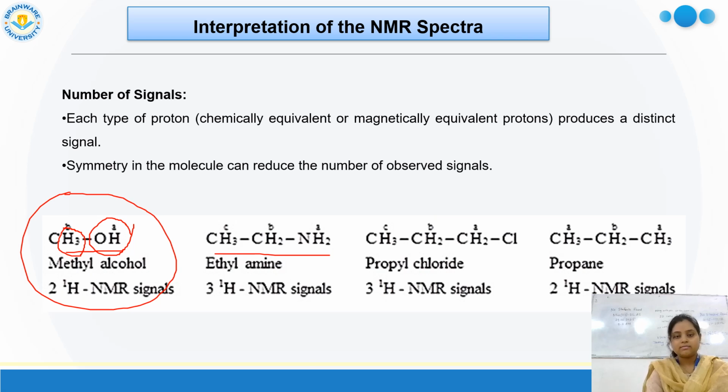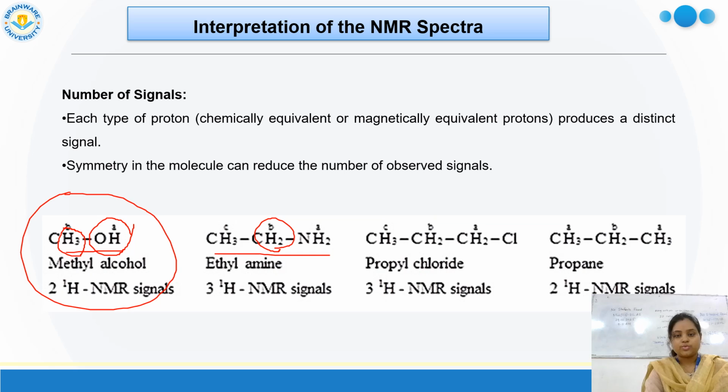Anyone can tell that there are three different types of protons, three different chemically equivalent protons, because in this CH3, all the hydrogens experience the same chemical environment. In CH2, these two hydrogens also experience the same chemical environment, because this CH2 is attached to CH3 and NH2. Both hydrogens are at a similar distance from NH2 and CH3, right?